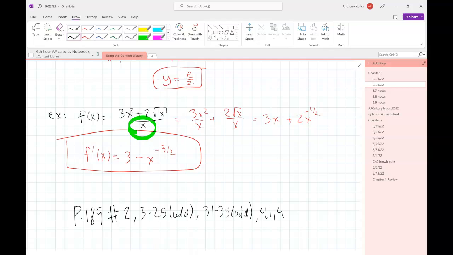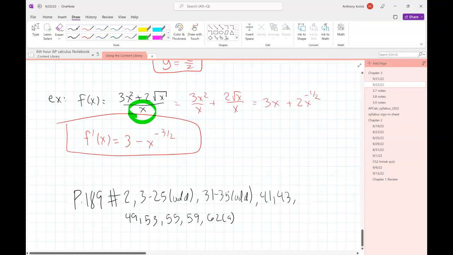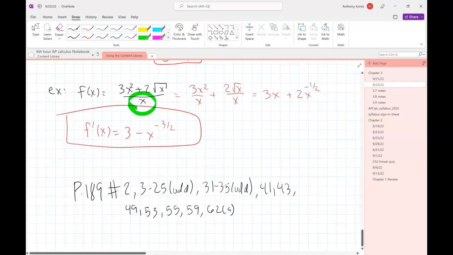The problems for this section, similar to the problems in 3.1, are mostly symbol pushing, with a little bit of tangent line, normal line kind of stuff maybe at the end, but nothing too bad.